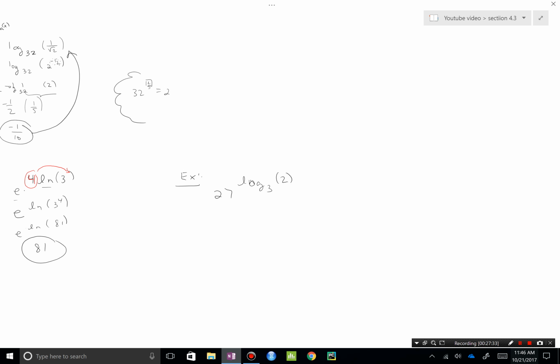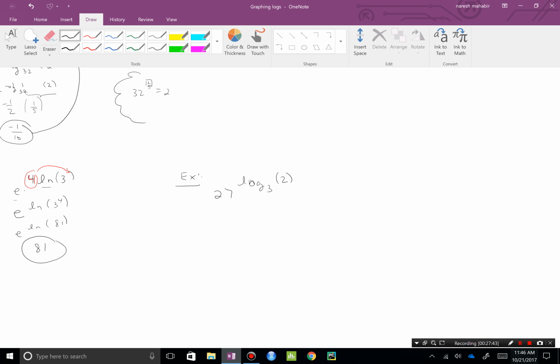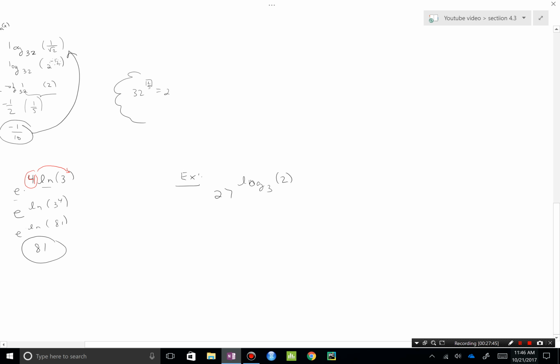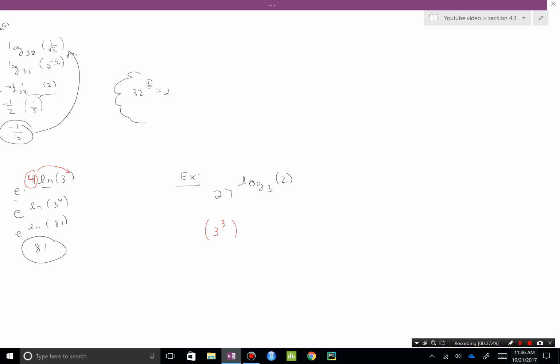So I want you to look at 27 and 3. What's the base they have in common? And you notice this is always going to be an ongoing theme as well. What's the base that they have in common? Well, 27 is 3 cubed. So I'm just going to rewrite this 27 as 3 to the 3rd power.